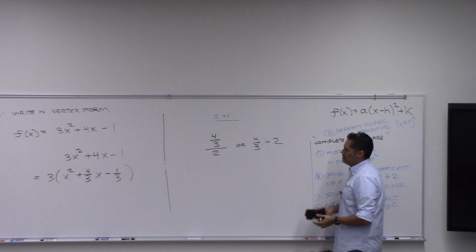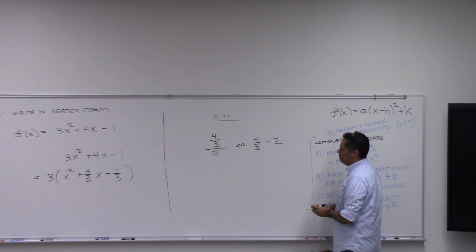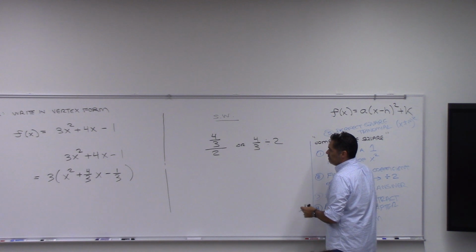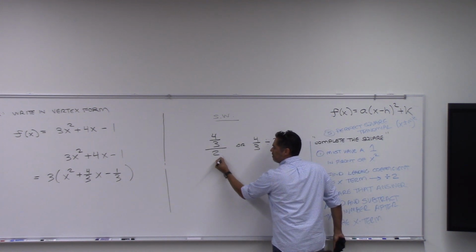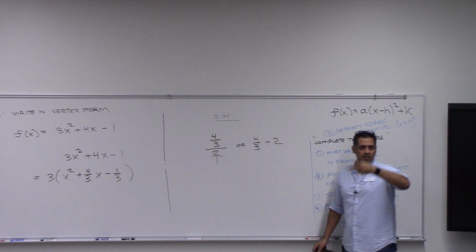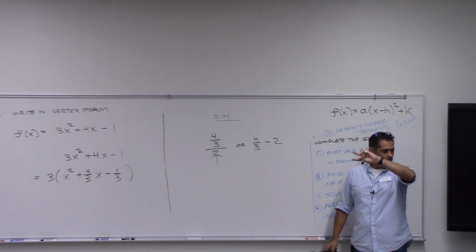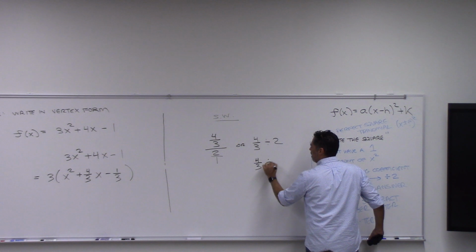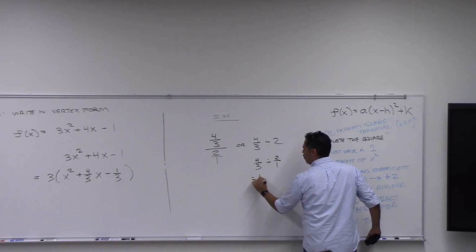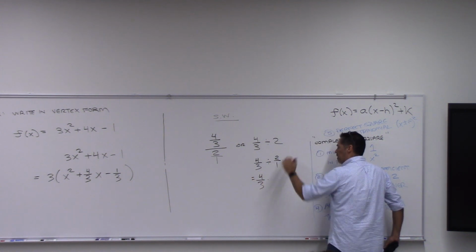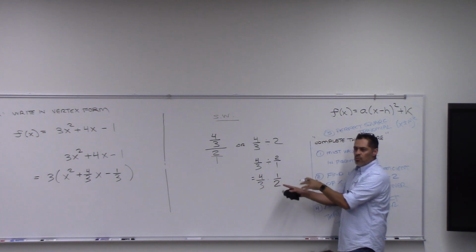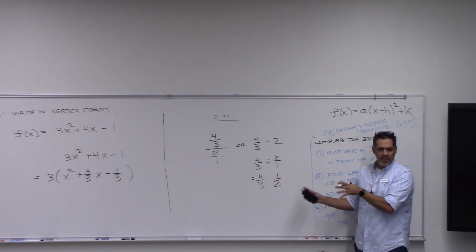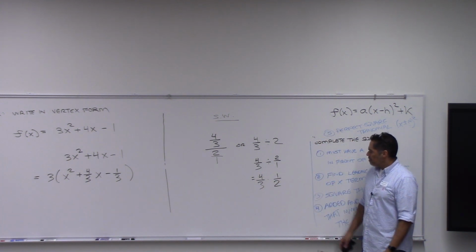Which of these feels more comfortable to you? If I do this one, I have to look at that 2 as 2/1, don't I? And then I just flip and multiply by the reciprocal. Or if I do this, I have to say this is 4/3 divided by 2/1, but that's the same as 4/3 times flip and do 1/2, right? Do y'all see? Either way, you should be doing the same operation. What does this turn out to be?